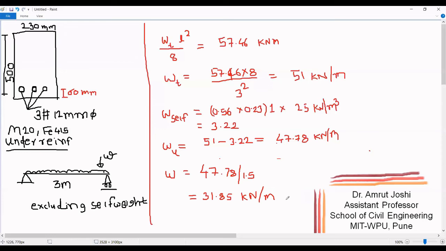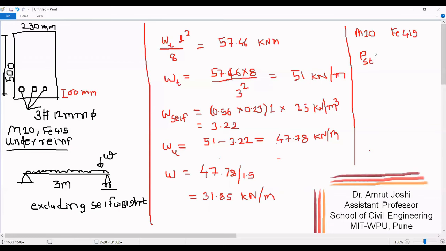Okay. Now we will like to make certain observations. For M20 and Fe415, the problem is over here, solution is over, but we will make certain observations. For grade M20 and Fe415, do we know the value of percentage of tension steel for balance section? The answer is yes.